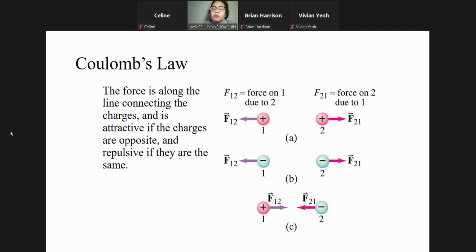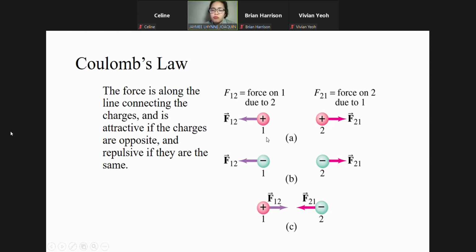Basically, from the idea of two opposite charges, they will somehow attract one another, and two electrical charges that are of the same kind will repulse, or will move away in the opposite direction. So that's how we summarize the picture here below.